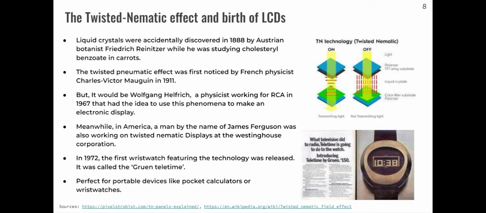James Ferguson was also working on the twisted nematic displays. When the news of the demonstration by BBC to US physicists reached the Hoffmann-La Roche lab, Helfrich and Schadt immediately pushed for a patent, which was filed on 4 December 1970.